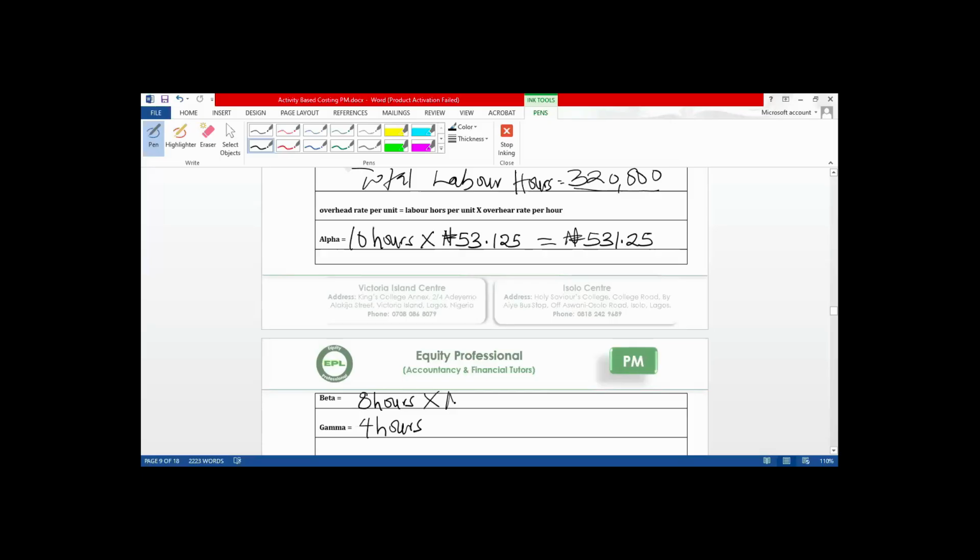Multiply by 8: 53 naira 0.125 multiplied by 8 is equal to 425 naira.